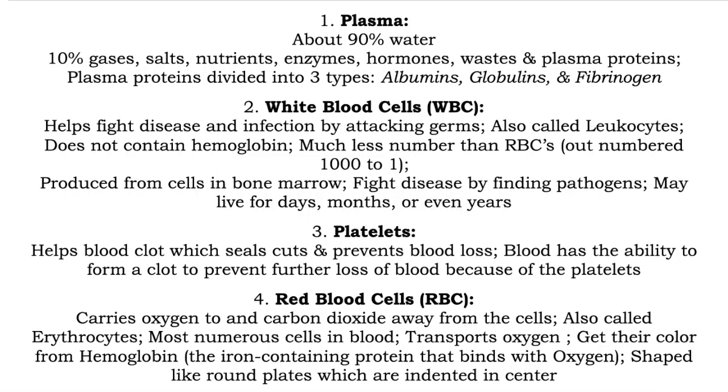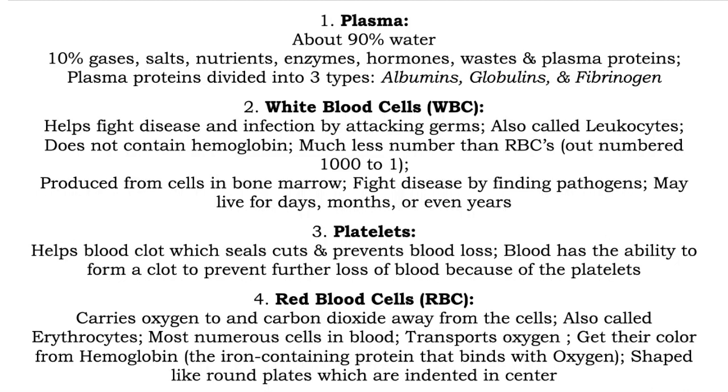Now, white blood cells are produced in the bone marrow, and these fight diseases and different pathogens. Now, we're going to learn that there are many different types. There's basophils, helper T cells and B cells, all different types of white blood cells, leukocytes. So we'll talk about those later on.